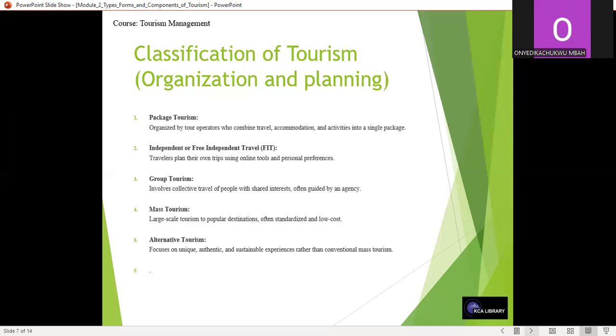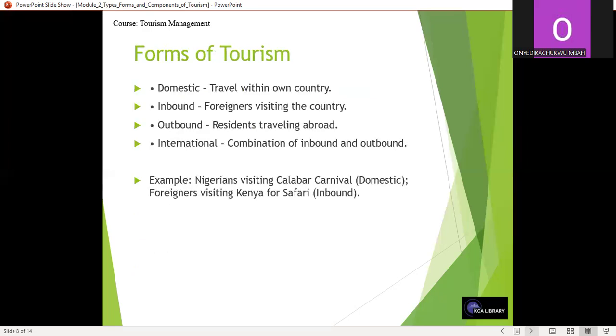Then we also have group tourism, which involves collective travel of people with shared interests, often guided by an agency. We have mass tourism, that is large-scale tourism to popular destinations, often standardized and low cost. Alternative tourism focuses on unique, authentic, and sustainable experiences rather than conventional mass tourism.